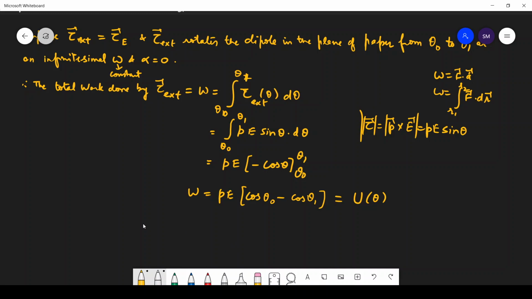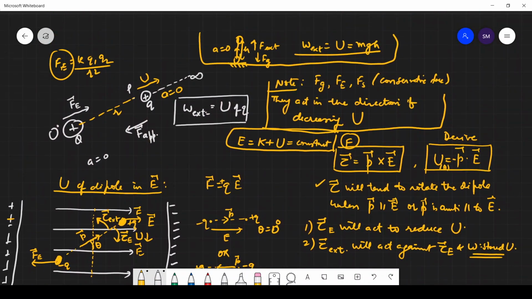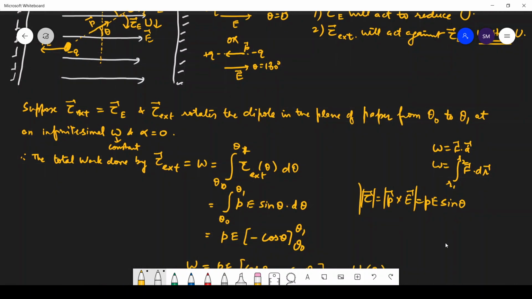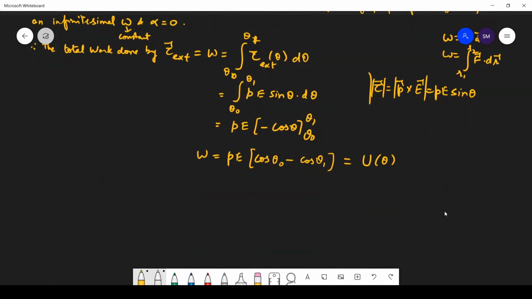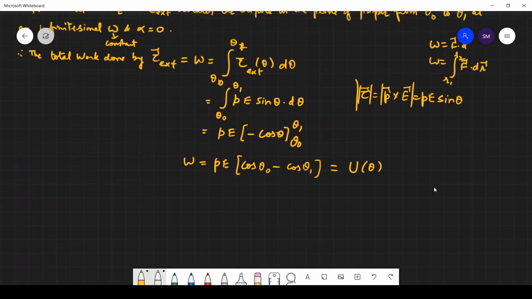Now students, it is our choice where we take the potential energy as 0. Here in this case, at infinity, I am taking the potential energy as 0. Here, at the ground, I am taking potential energy as 0. So we fix the potential energy at 0 at an appropriate place.